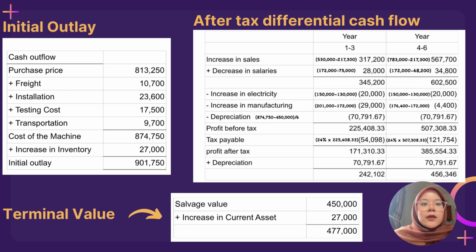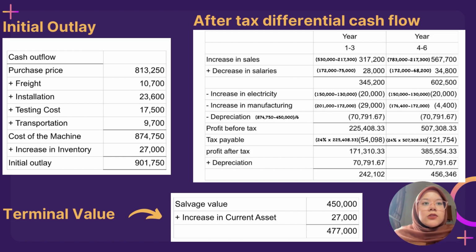We increase in electricity, which is 20,000 for year 1 until year 3 and 20,000 for year 4 until year 6. We also increase in manufacturing, which is 29,000 for year 1 until year 3 and 4,400 for year 4 until year 6. We also minus with depreciation.